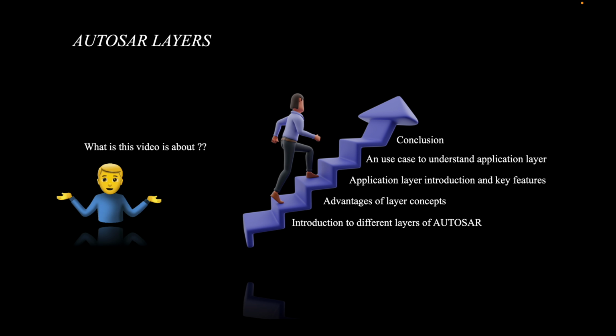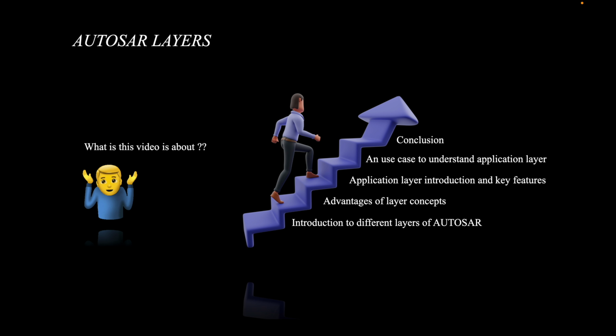So we will go through the introduction of different layers of the Autosar, and then we will see what is the advantage of this layered concept in the Autosar, and then we will try to understand what is the topmost layer, which is the application layer in case of Autosar.